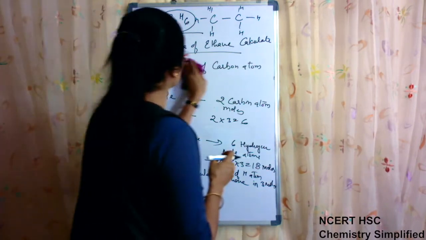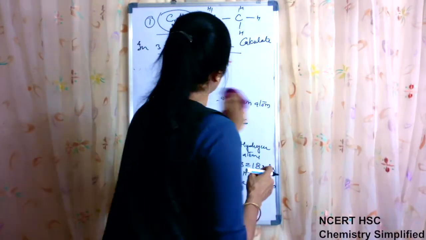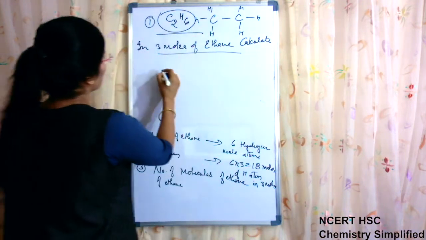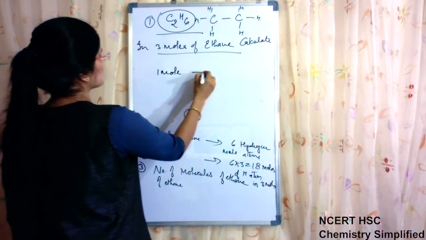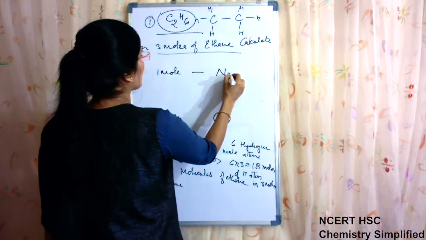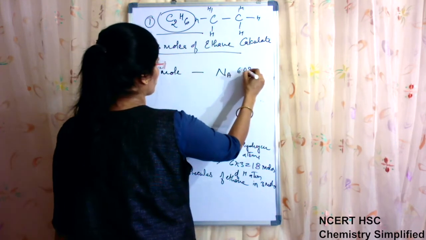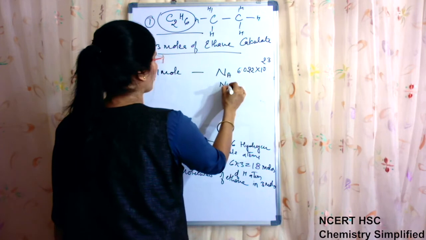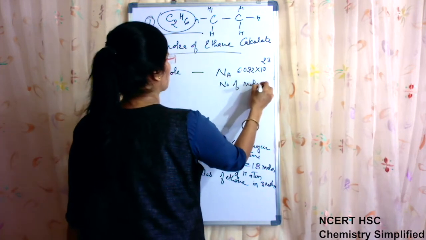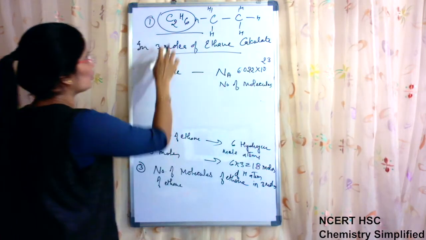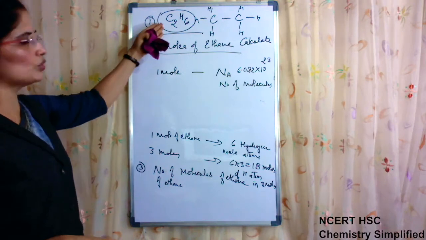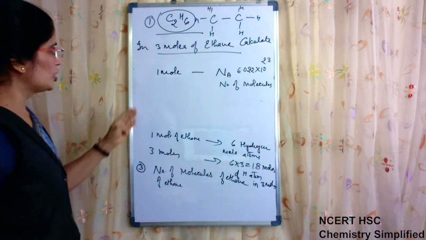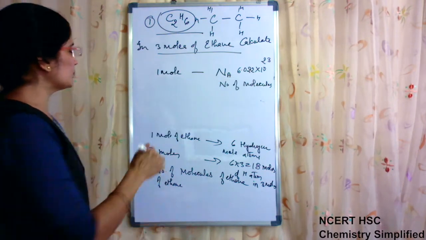We know that in 1 mole of any substance, the number of molecules is Na, that is 6.022 into 10 to the power 23. So here 1 mole of ethane we are talking about, and 1 mole has this many molecules.